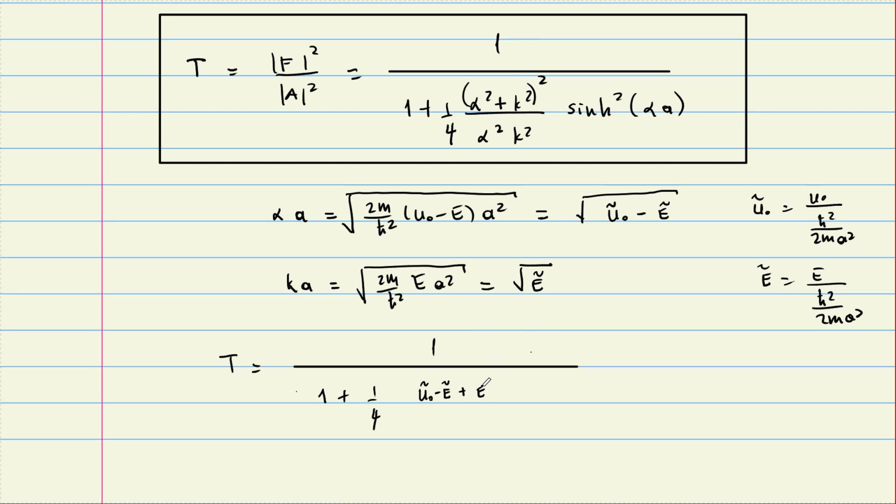I am multiplying both numerator and denominator with a squared, and I'm putting it inside the parentheses to put it in this form.